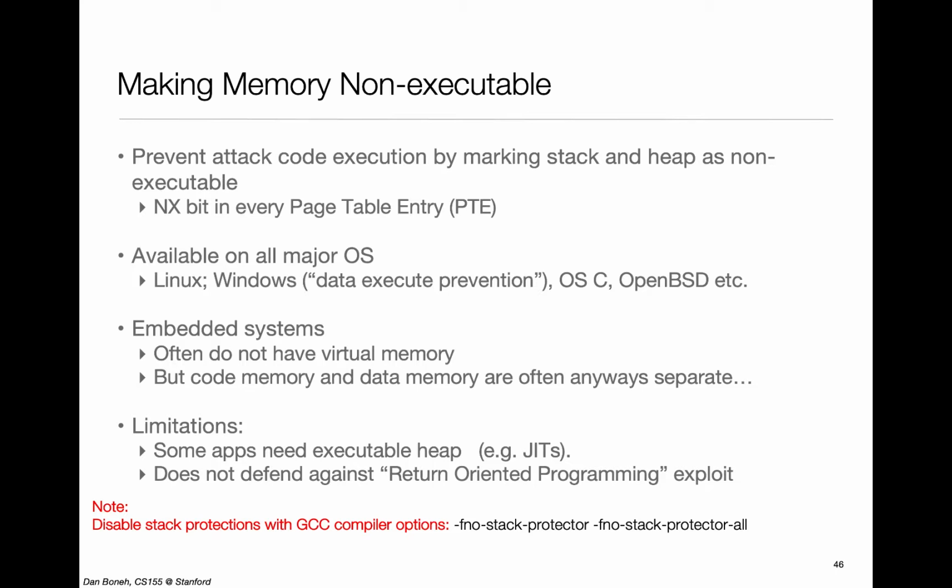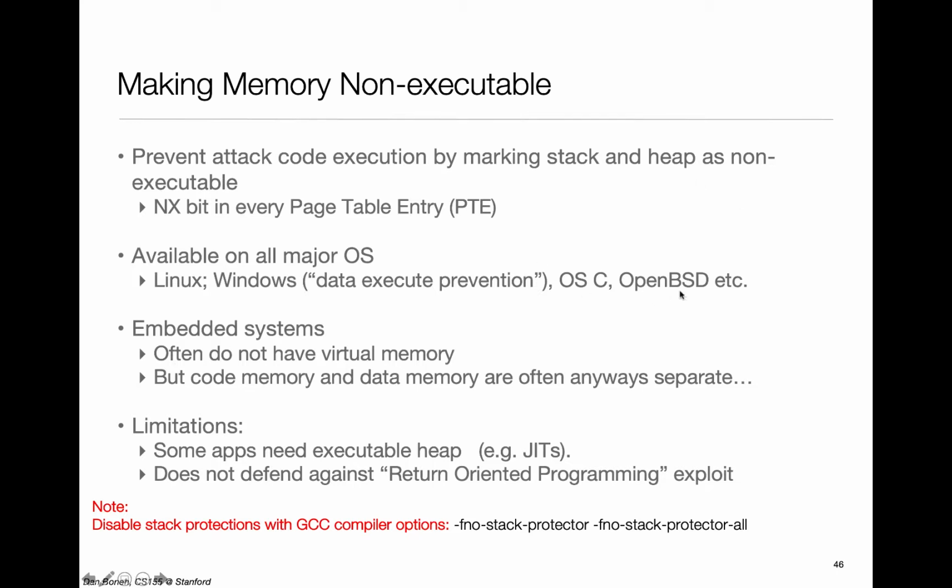So some apps need this executable heap, and it also doesn't defend against return-oriented programming exploits, which we'll go to in a bit. And what you'll find is that these defenses are made, and then there are attacks based on these defenses. So that's why return-oriented programming you could think of as the second iteration of these types of attacks.